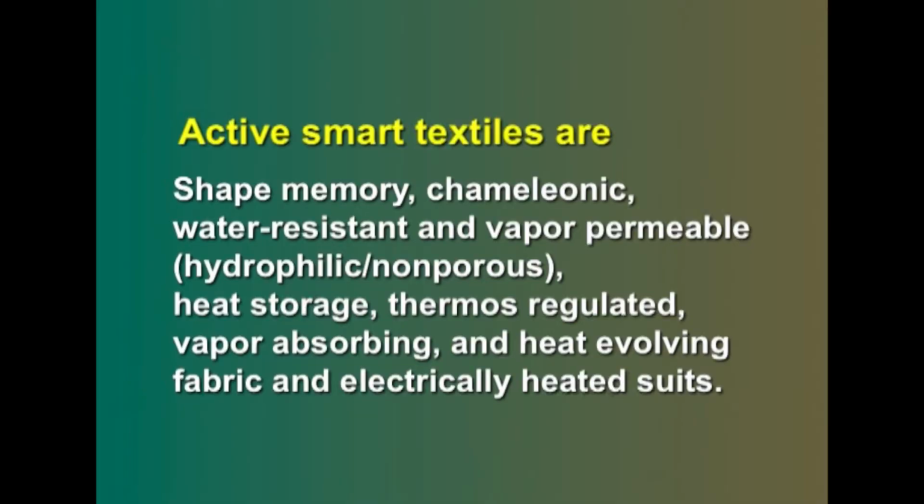Textiles which adapt their functionality to changing environment automatically are active smart textiles. Active smart textiles are shape memory, chameleonic, water resistant and vapor permeable, hydrophilic and non-porous, heat storage, thermoregulated, vapor absorbing and heat evolving fabrics, and electrically heated suits.